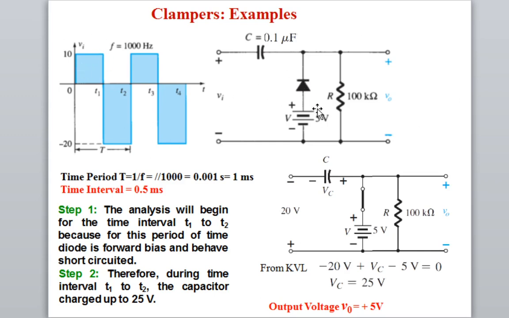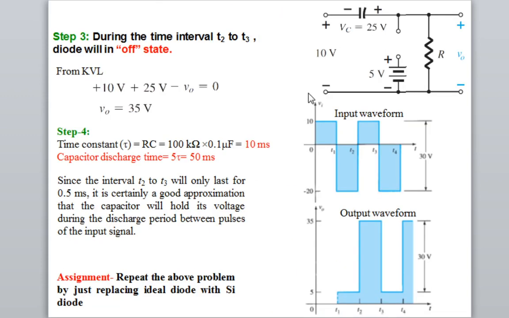Just assume, instead of the ideal diode, that the diode is made of silicon. That's all. Then draw the output waveform for the given problem. That is your assignment. This is a very important assignment. When you do it, you will understand how the diode changes the output waveform.